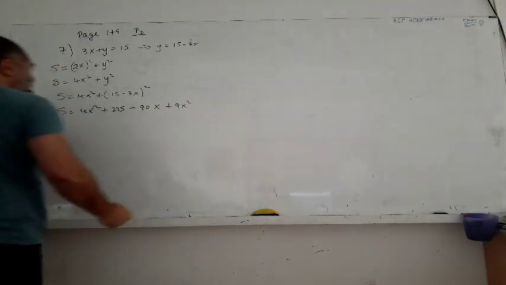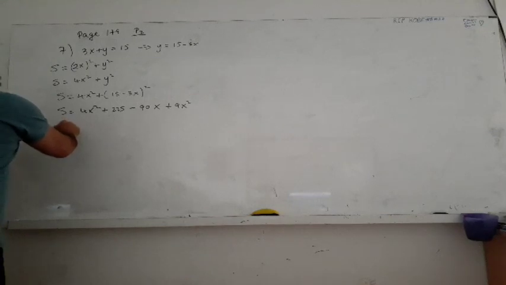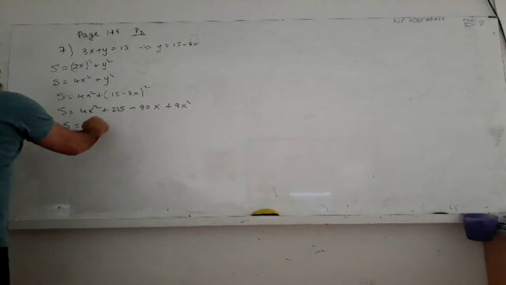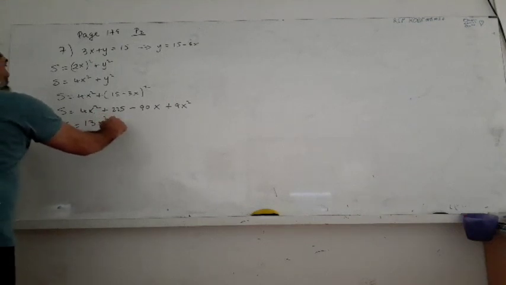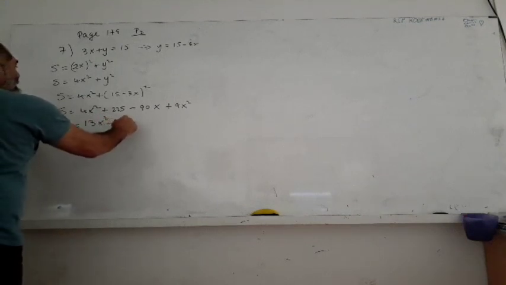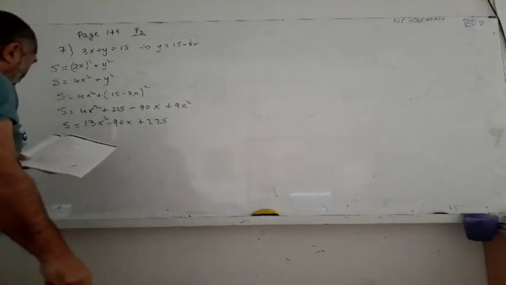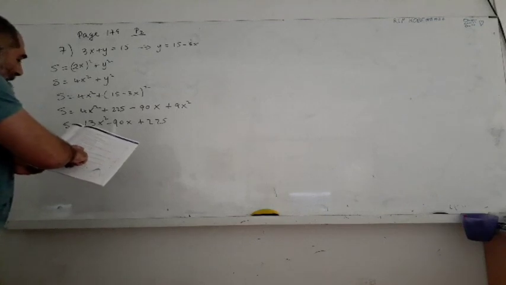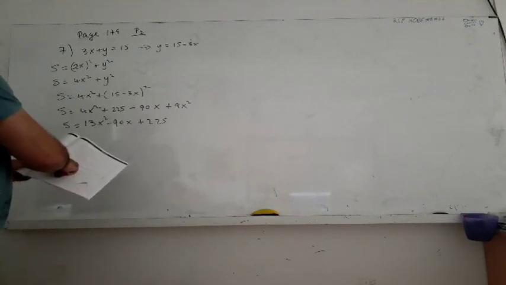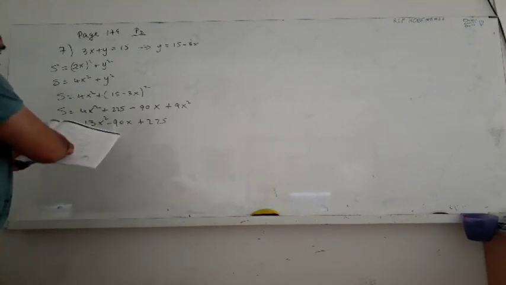So s is equal to 13x squared minus 90x plus 225. When you check the question, it says 18x squared, but I think here something is wrong.